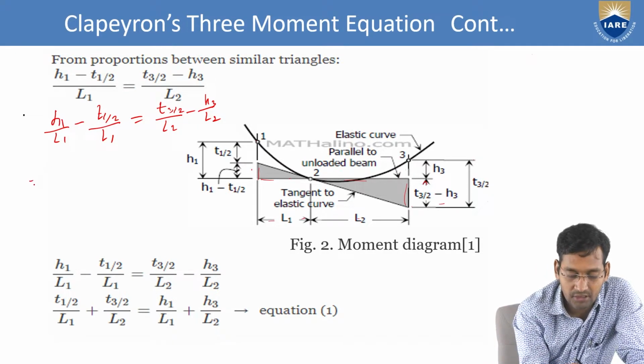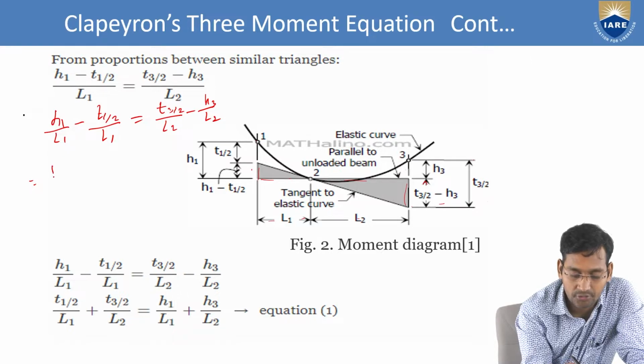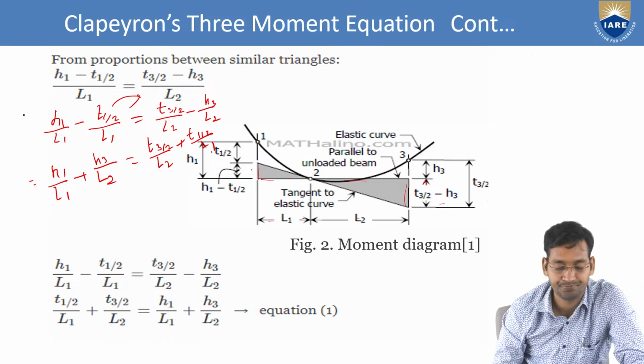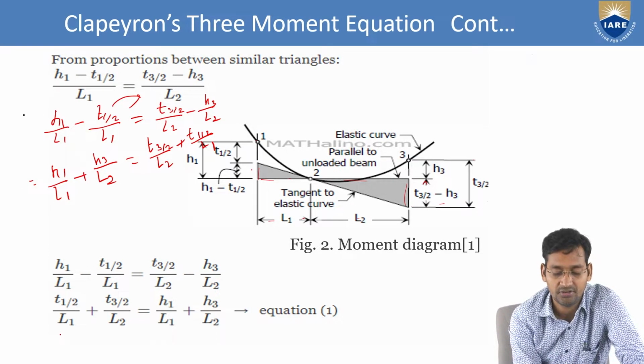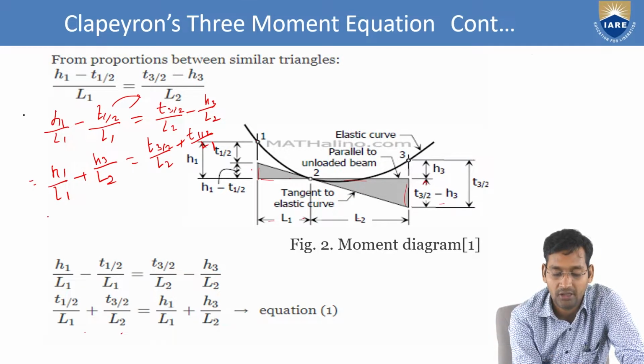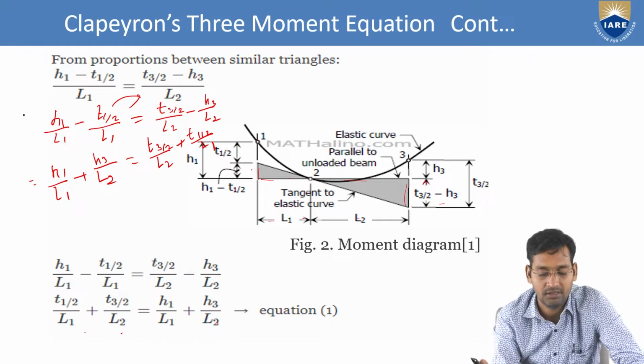So H1 by L1 plus H3 by L2 is equal to T3 to 2 by L2 plus T1 to 2 by L1, the terms going to this side becoming plus. So T1 to 2 by L1 plus T3 to 2 by L2 is equal to H1 by L1 plus H3 by L2. Just take this as the equation.